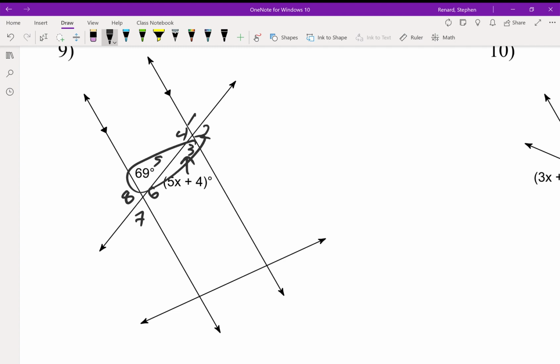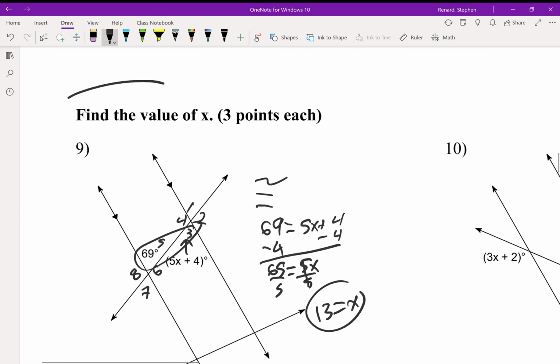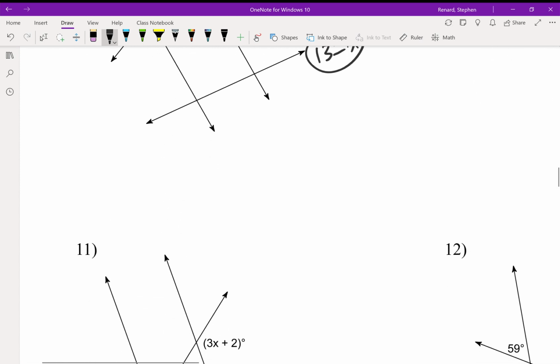So we have 3 and 5. 3 and 5 are going to be congruent because they're alternate interior angles. So we go 69 equals 5x plus 4. Subtract 4 from both sides. We get 65 equals 5x. Divide by 5, and I get 13 equals x. Being that all we're asked to do is find the value of x, we're good to go.